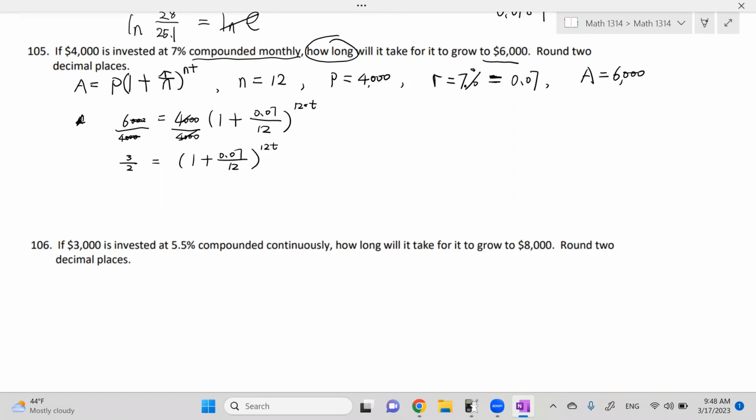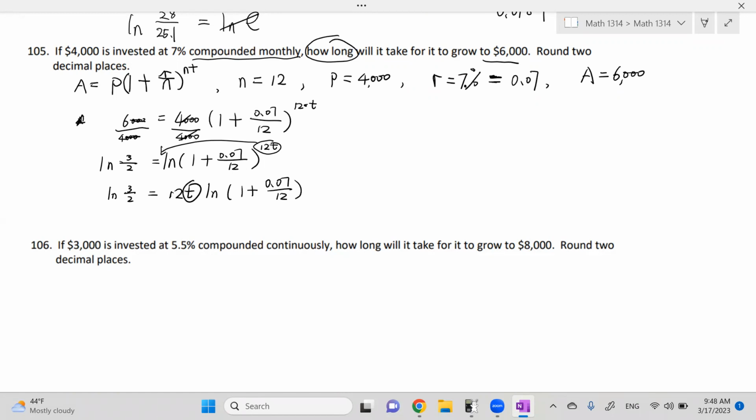I'm solving for t, but the t is in the power. That means I need to take the ln or the log of both sides. If I'm taking ln, I can move the 12t to the front of the ln. So ln of 3/2 equals 12t times ln of (1 plus 0.07 over 12).